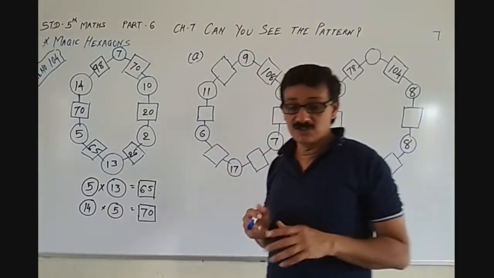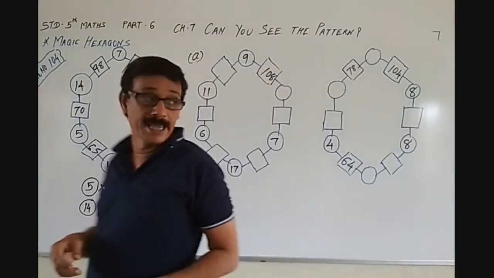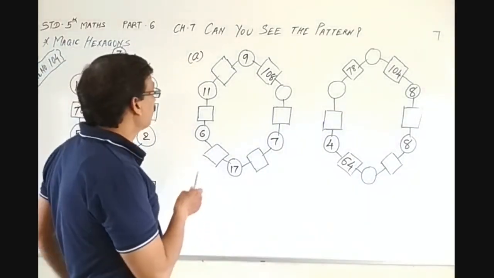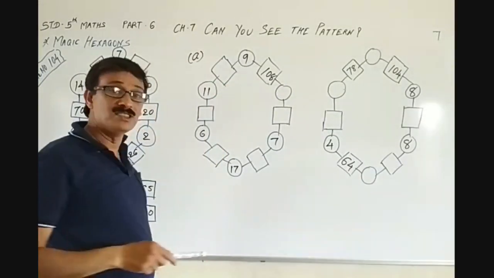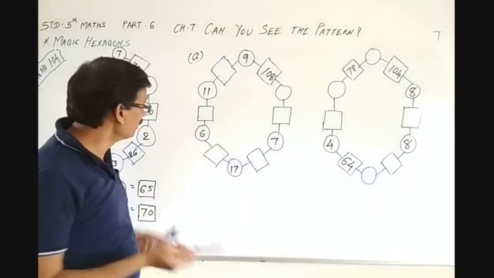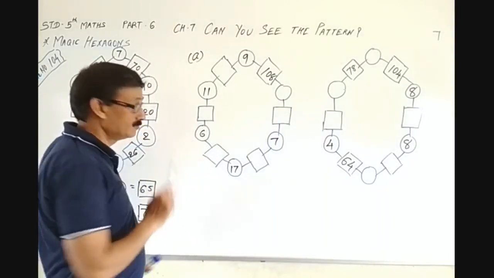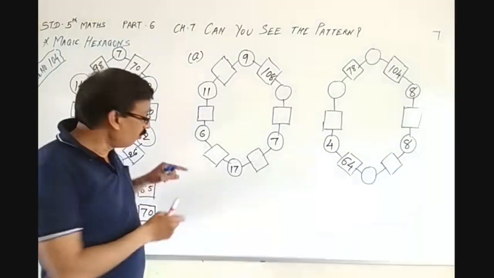Okay, so let's try to solve this hexagon. First of all, look into A. See, only a few numbers are there in this one. Here you can see 9 and 108, only 2 numbers. Here you can see 6 and 17. Okay, so we can go with this.